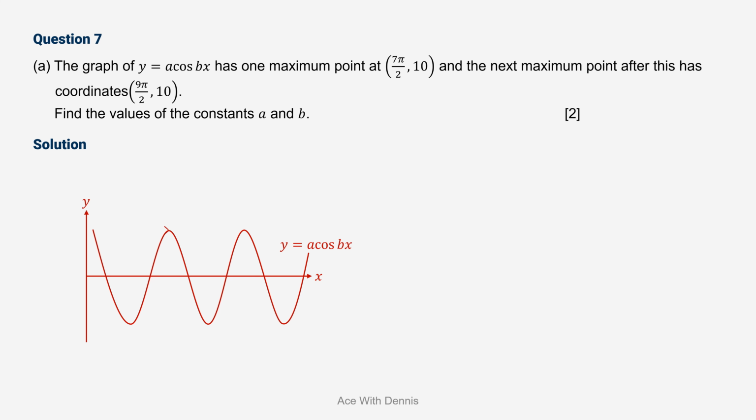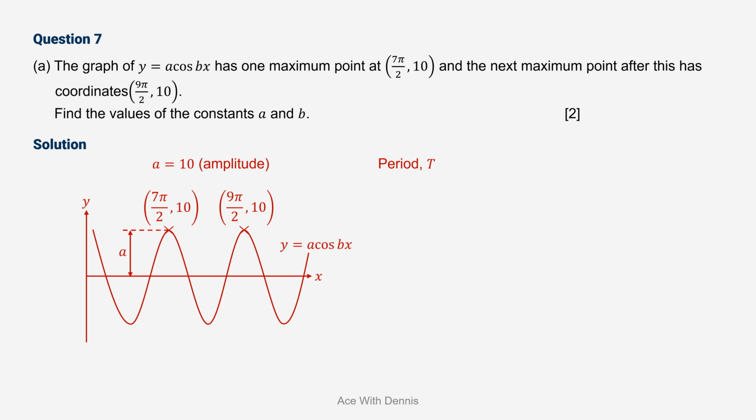Given that the maximum point is 7 pi over 2, 10, and the next maximum point is 9 pi over 2, 10. In order to find the value of A, it is the amplitude of the waveform. Therefore, A equals 10.